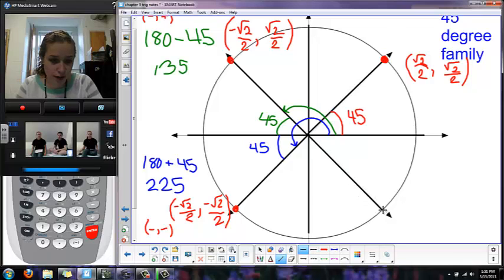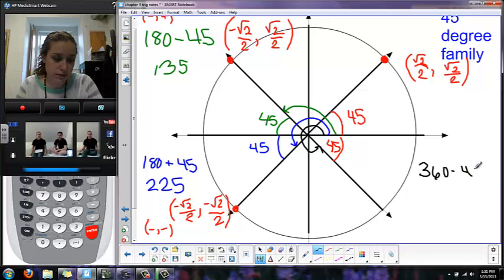So then we have the last angle right here, and it's actually 45 degrees from there to there. So if I want to figure out what that whole angle is going all the way around, I know that one full circle is 360, so it's 360 minus 45, which is 315.